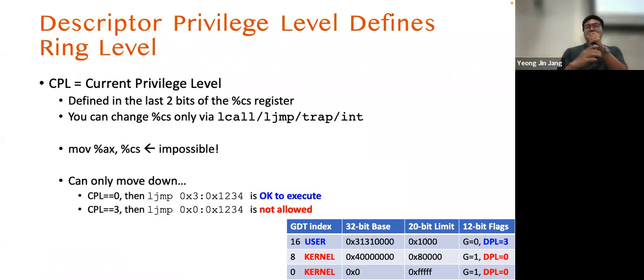Because this privilege switching is quite important, the only way you can switch the privilege level is by running a long call, long jump, or some other mechanism called interrupt. We will learn about that when we get to week 4. At this time you only need to know that the long jump instruction is the only way to switch the privilege level, by switching the CS register value.